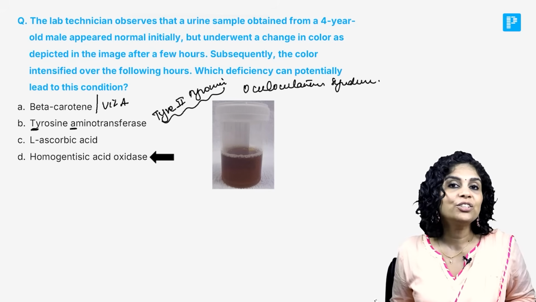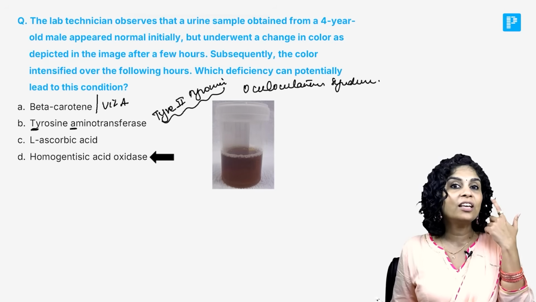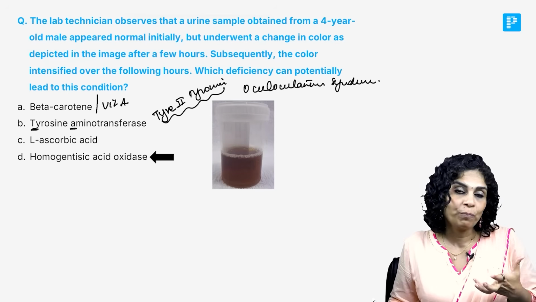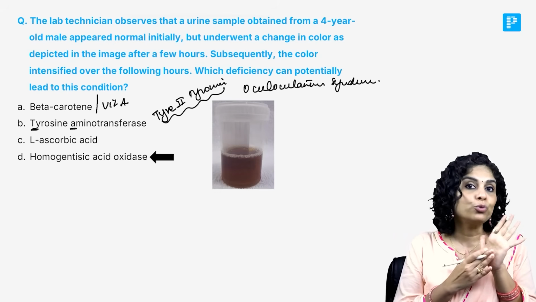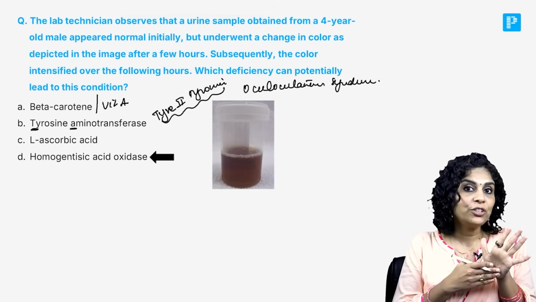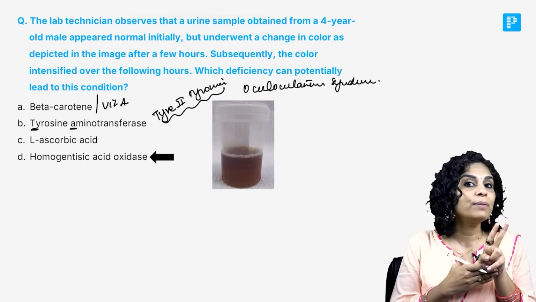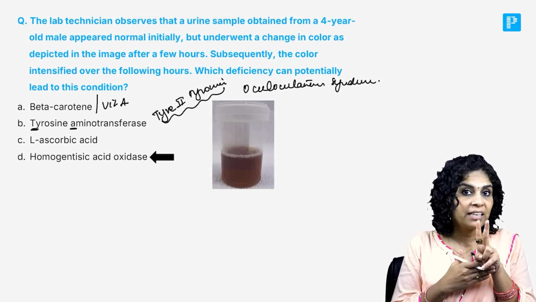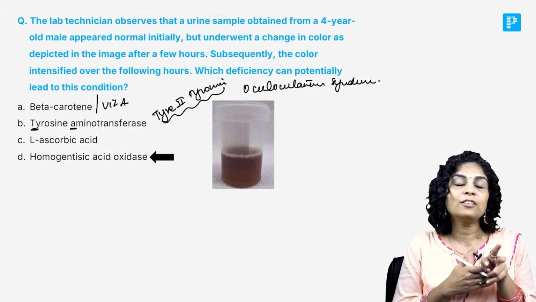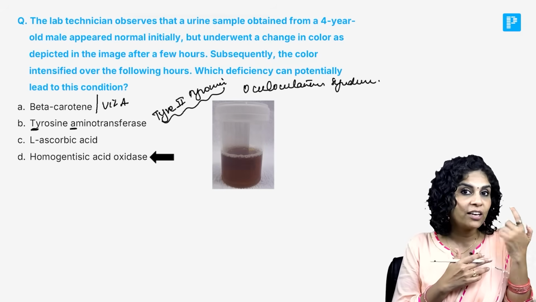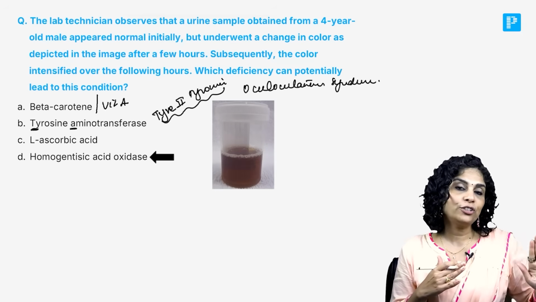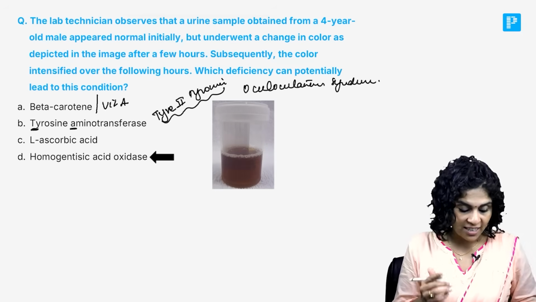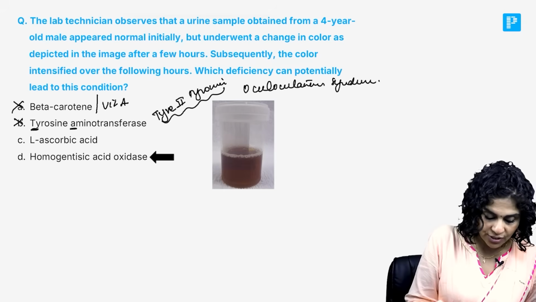The child presents with painful corneal erosions, hence the name oculo. Cutaneous because they present with palmar hyperkeratosis. Here the manifestation is urine turns dark on standing. Hence, this is not the right choice.